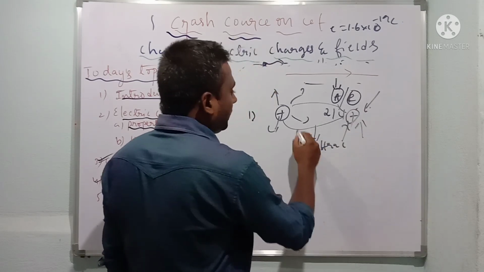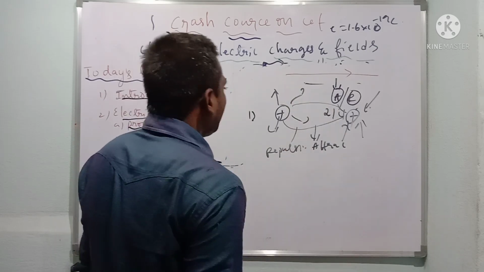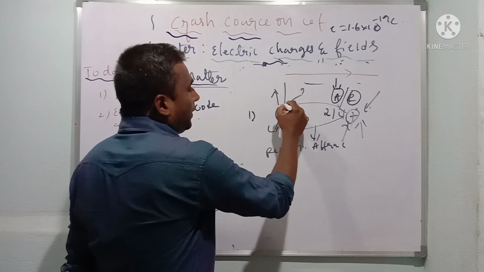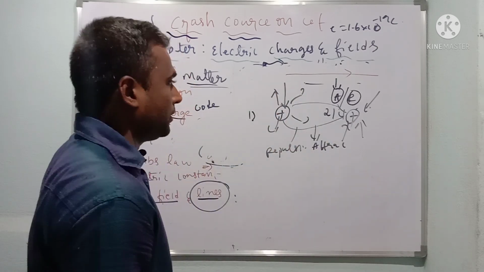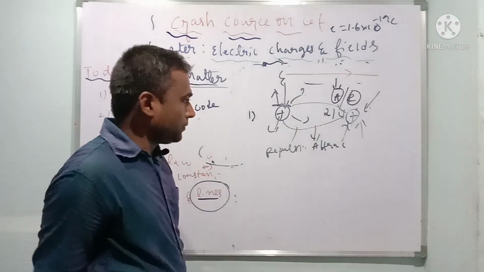If both are positive, again there will be a repulsive force. And one more important thing, children: electric field lines are always tangent to the charges.